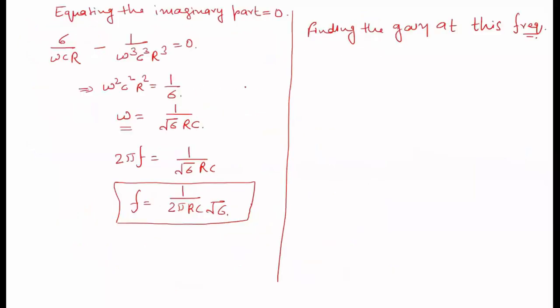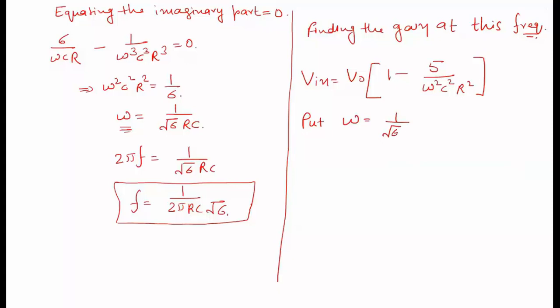So we can write it as V in is equal to V naught into 1 minus 5 upon omega square C square R square. Now in this expression, we have to find out the value of omega. So we can write the omega is equal to 1 upon root 6 RC, and putting the omega is equal to 1 by root 6 RC.